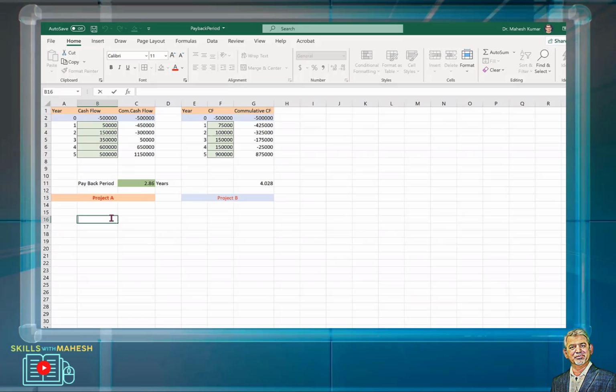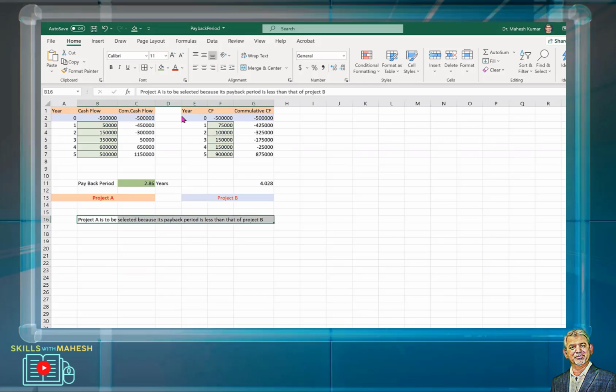For example, you can write, okay, since payback period is less here, the project to be selected is A. Project A is to be selected because its payback period is less than that of project B. As a project manager, you will make this decision, and that's all you have to do.